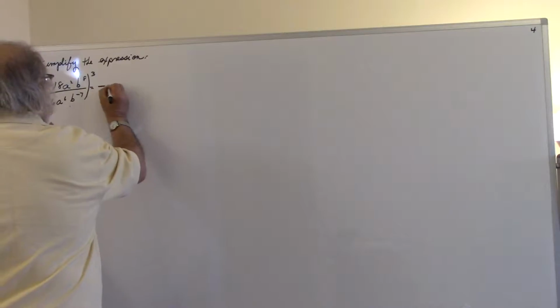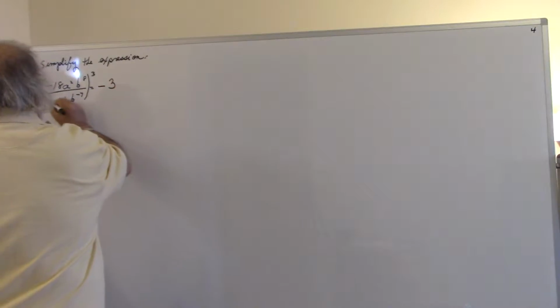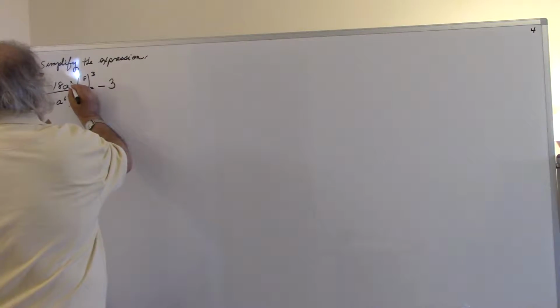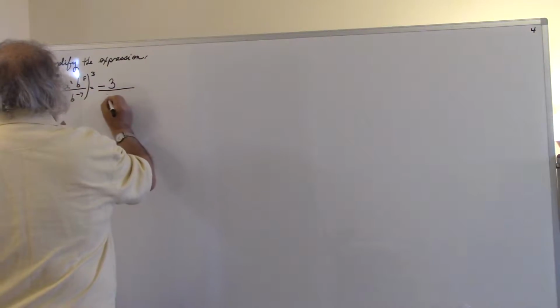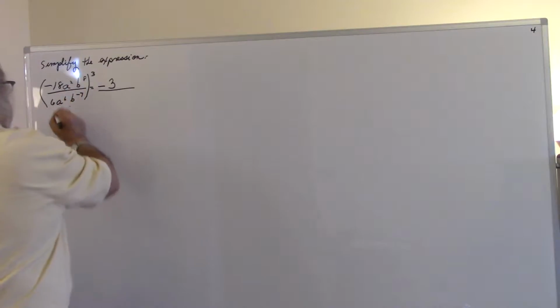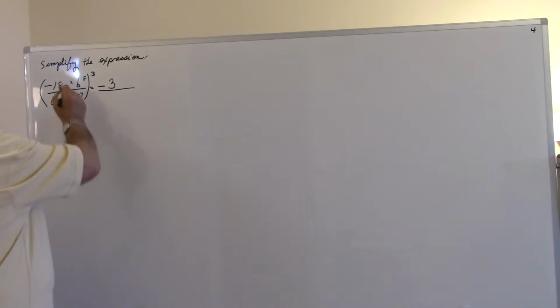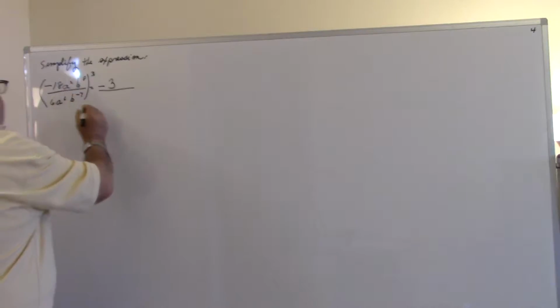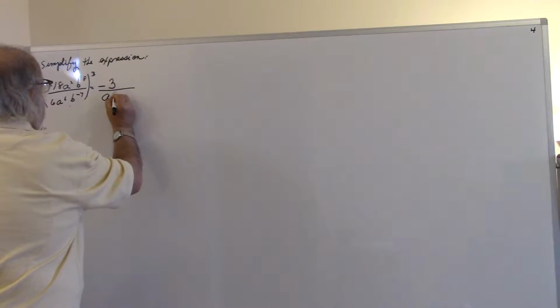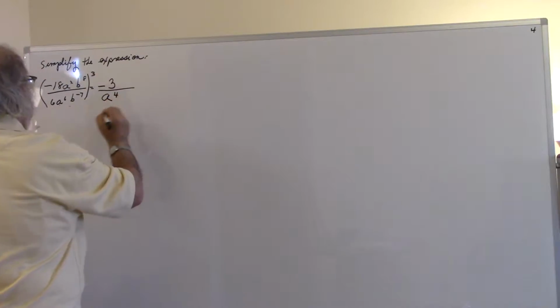This is a negative 3. 6 goes to 18 3 times. Bring the a down because you got an a over here and an a over here. And when you bring an exponent down, you subtract. So it's a to the 4th.